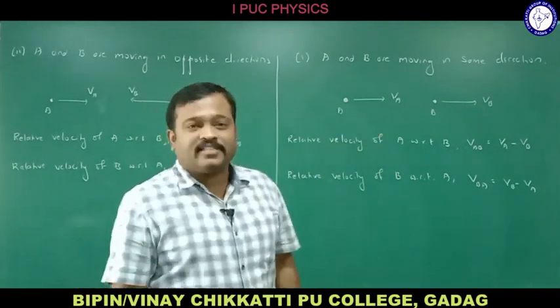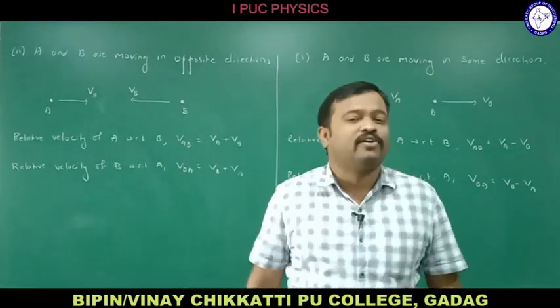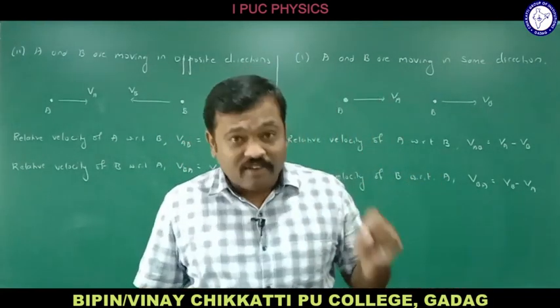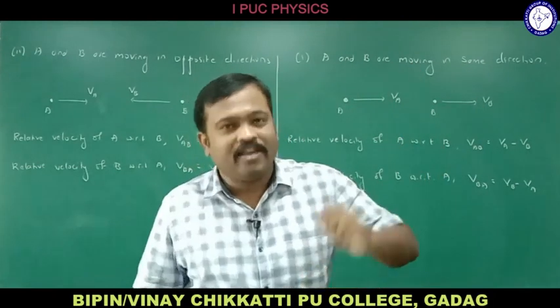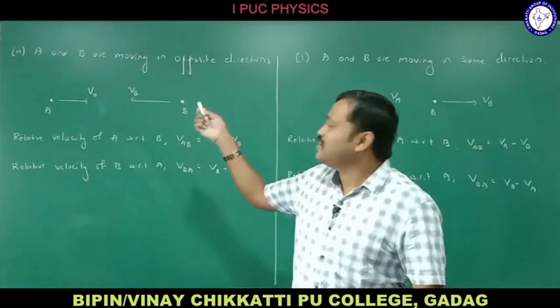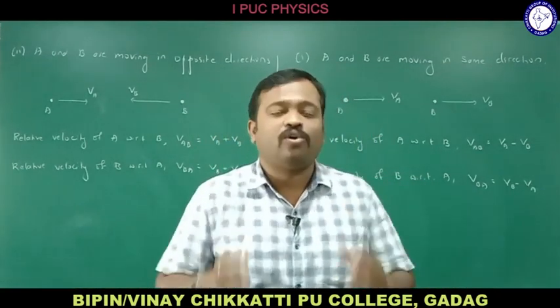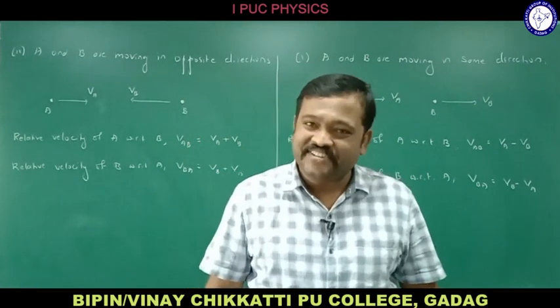Here you subtract, there you add. So this concept is called relative velocity. Whenever you consider the velocity of one body with respect to another body, that velocity is called relative velocity, right? Do remember this. So this was all about motion in a straight line.